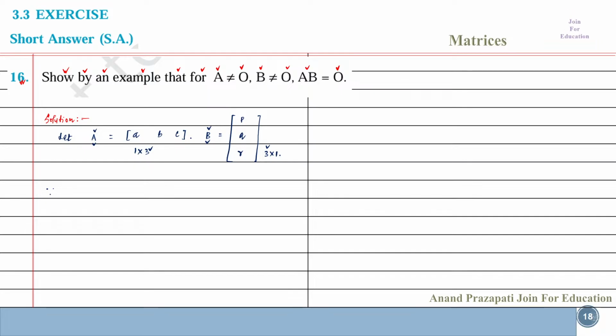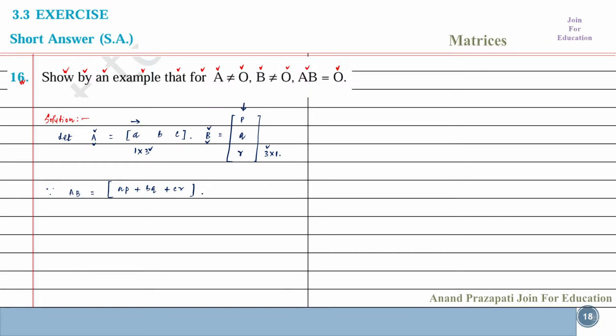So here AB equals: move along the first row and here move along the first column. So here it will be AP plus BQ plus CR.